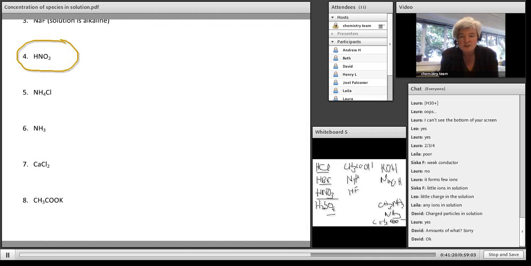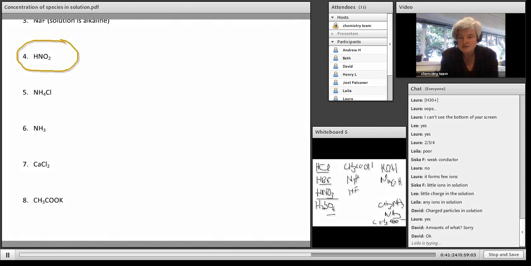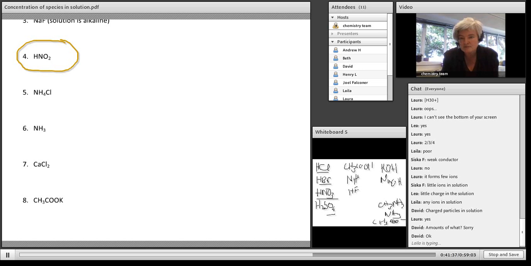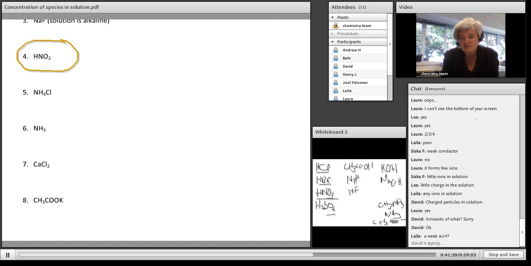Okay, so what is that number 4 that I've highlighted? So strong acid, strong base, weak acid, weak base, salt of strong and strong, salt of strong acid, weak base, salt of weak base, strong acid. It's a weak acid. Correct, Layla.